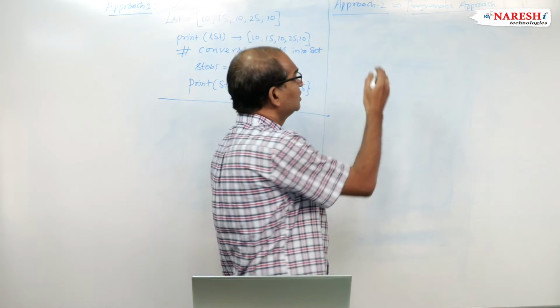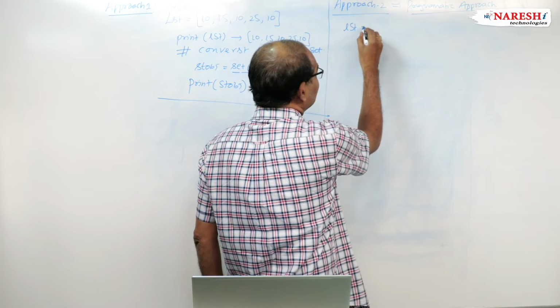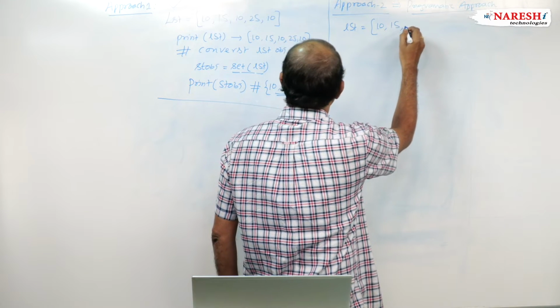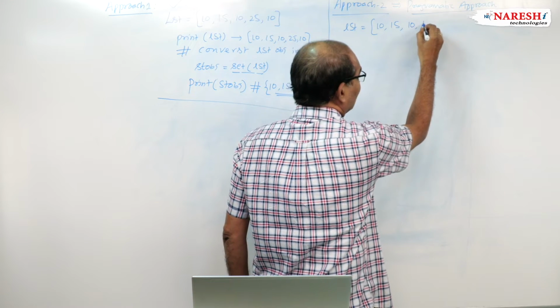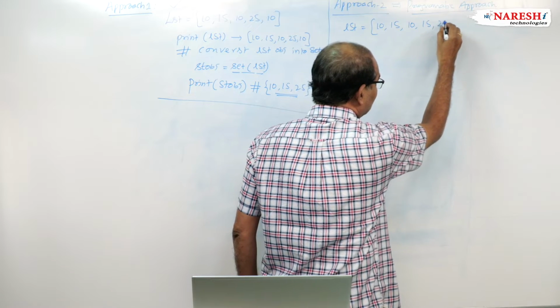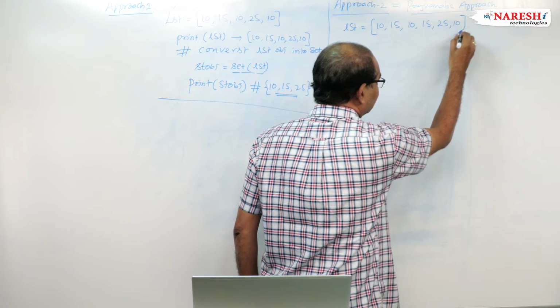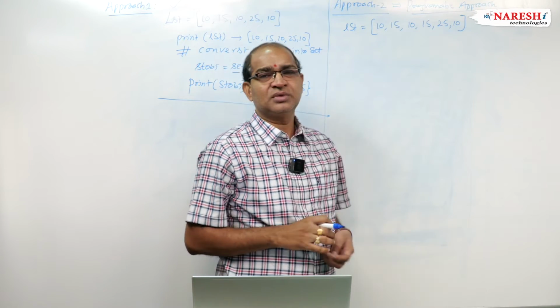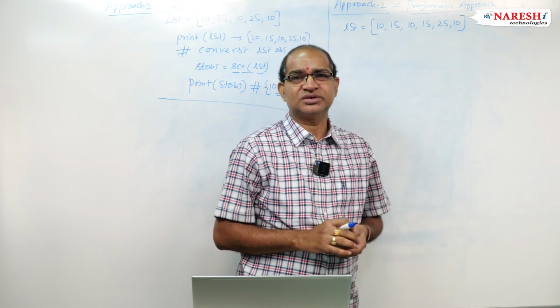Very simple. Let us take, as usual, LST is equal to 10, 15, once again 10, one more 15, 25, and 10. This is my list. I want to take only the unique elements.